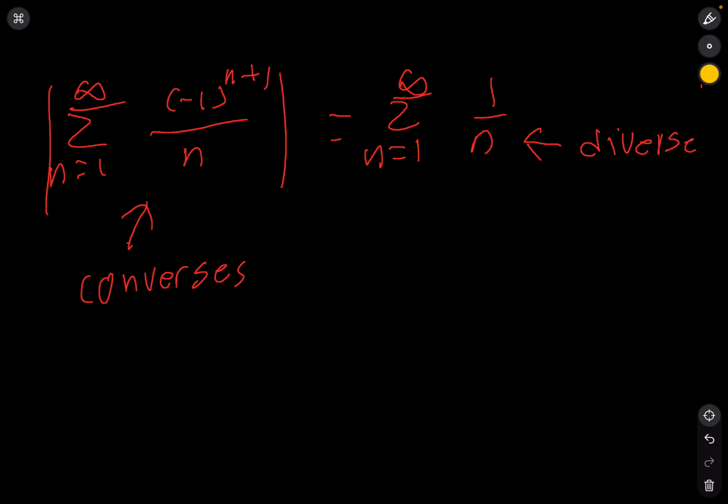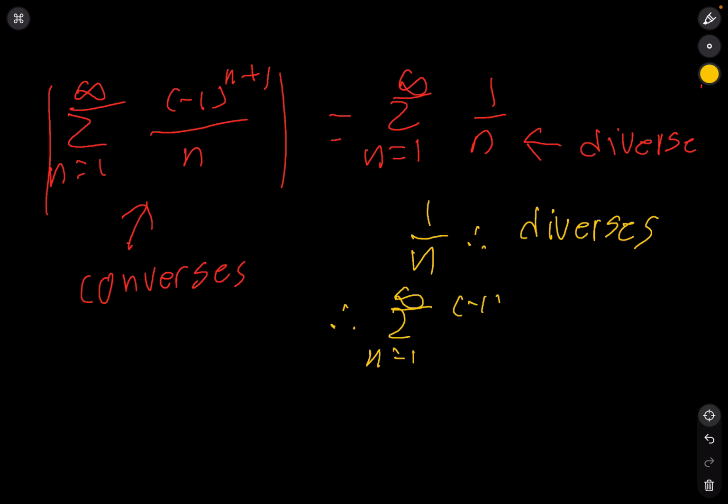So, the series of n equals 1 to infinity of (-1) to the n plus 1 over n, if we take the absolute value of that, it would just be the series of 1 over n, right? We know that 1 over n diverges because of the last two tests we did, the integral and the p-series test. Therefore, the original series is only conditionally convergent.